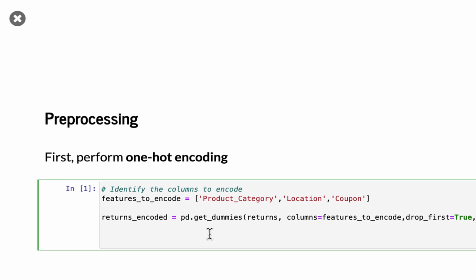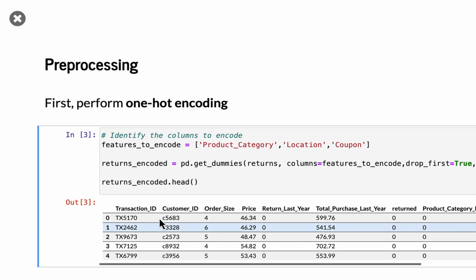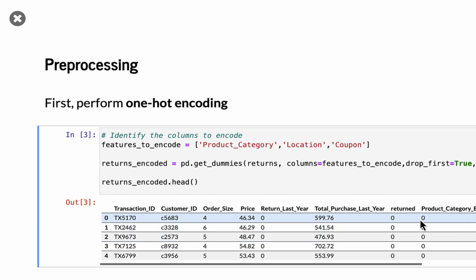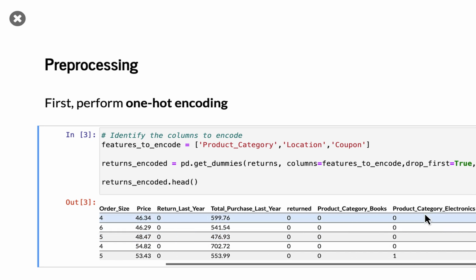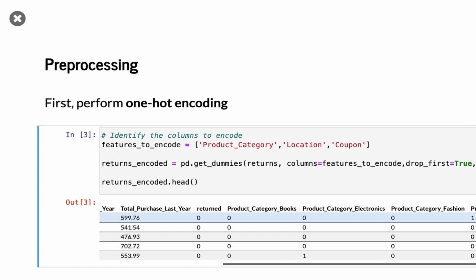Now, this should encode our data set and give it the name returns_encoded. We just want to quickly view the first few lines again to make sure that we have the right thing. Okay, looks okay. For example, for product category, we have 1, 2, 3, 4 columns. We have 5 different categories in the data set. Actually, maybe not just 4. 1, 2, 3, 4, 5.